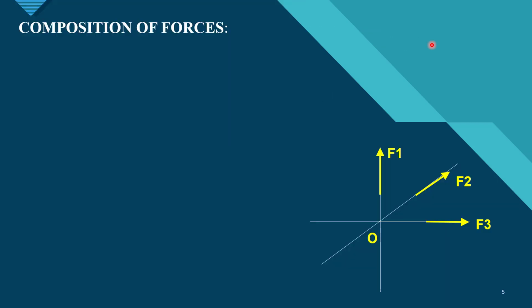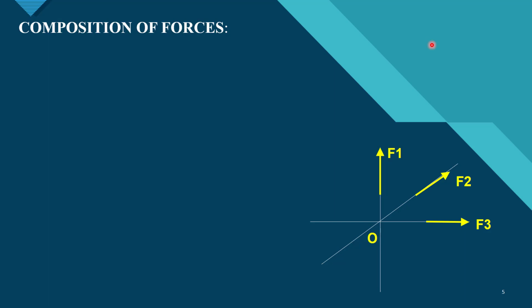Now let's see what is meant by composition of forces. As I have told earlier, it is possible to replace a number of forces by a single force without affecting the effect of forces on the object.